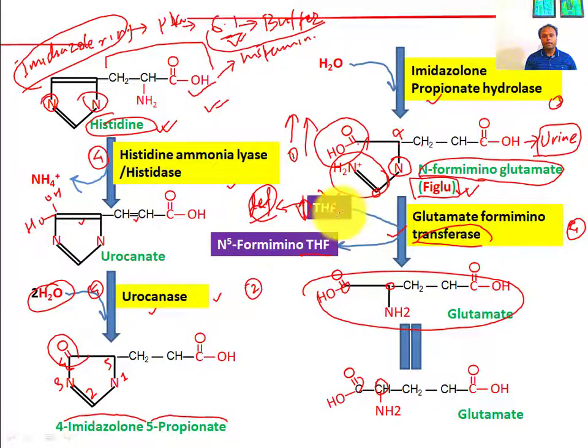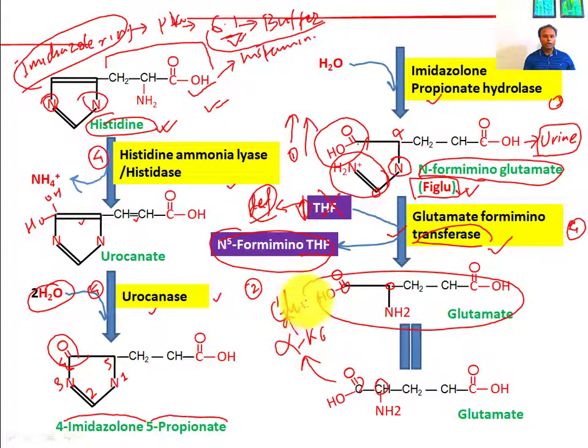And one more thing, this same reaction is the source of N-formimino tetrahydrofolate also in normal condition, and this glutamate ultimately will convert into alpha ketoglutarate, and alpha ketoglutarate will convert into glucose. So we have already answered 3 questions: how histidine produces glucose through this process, and how we understand the FIGLU test.